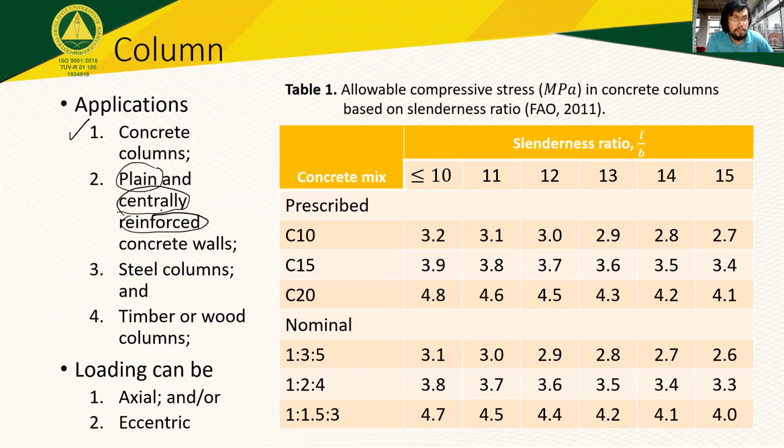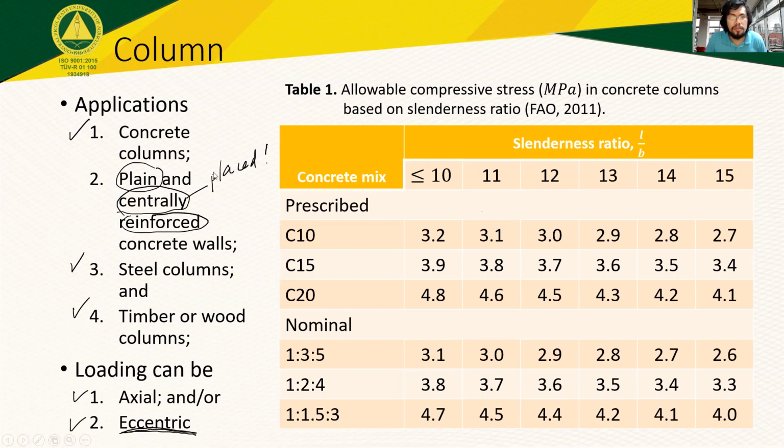Another thing is we have steel columns, and lastly, timber and wood columns. For all of these, the loading could be axial or eccentric, and we'll introduce the eccentricity ratio later on.